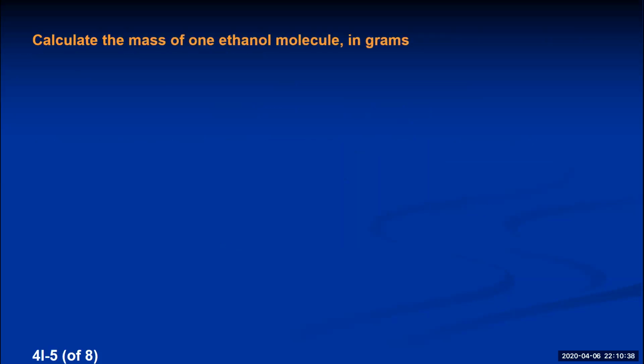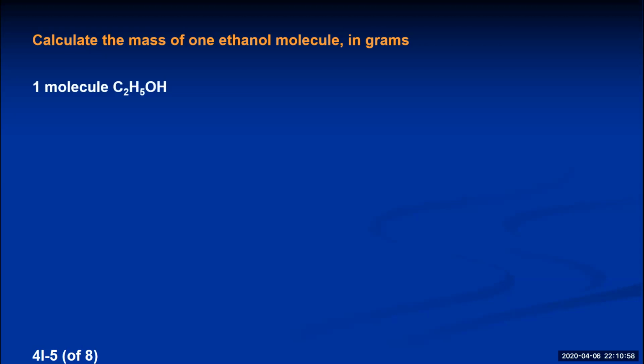Let's see if we can calculate the mass of just one ethanol molecule in grams. So if you're going to convert 8 moles of ethanol into grams, you start with 8 moles. If you're going to convert 1 molecule of ethanol into grams, start with 1 molecule, and then ask, what can you convert molecules into?